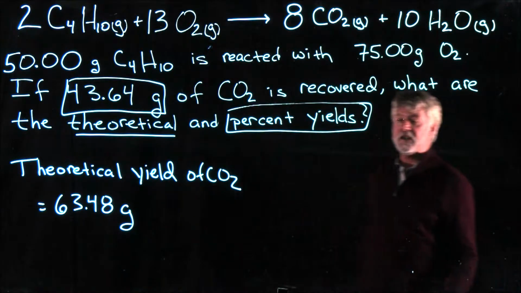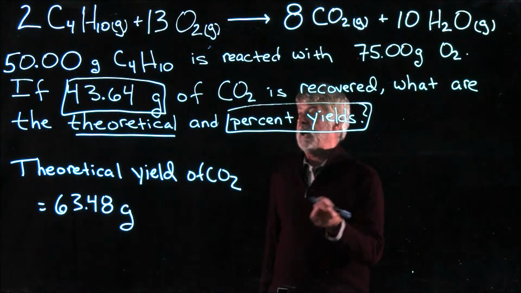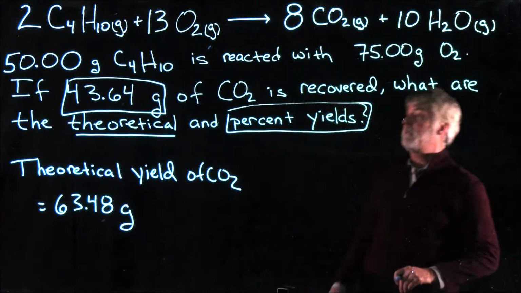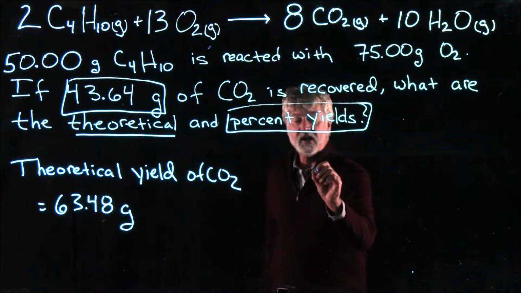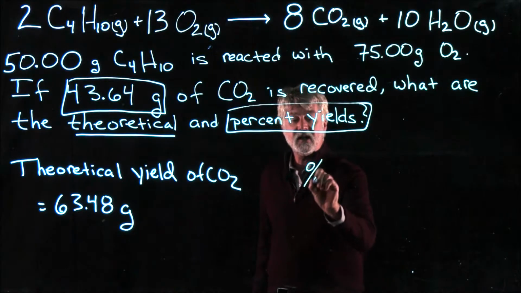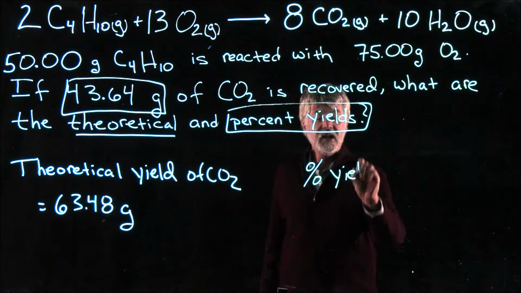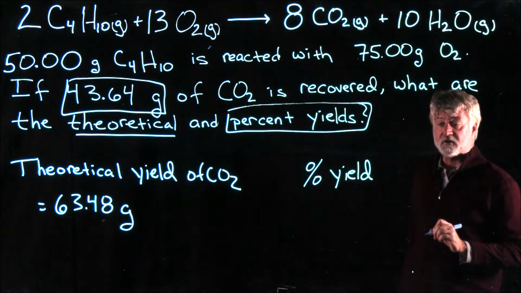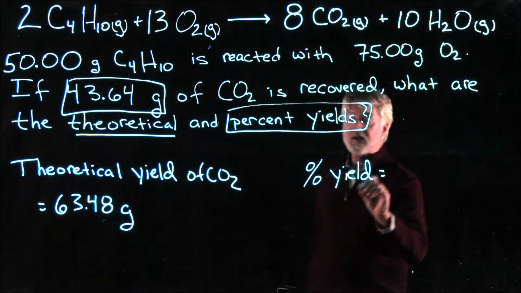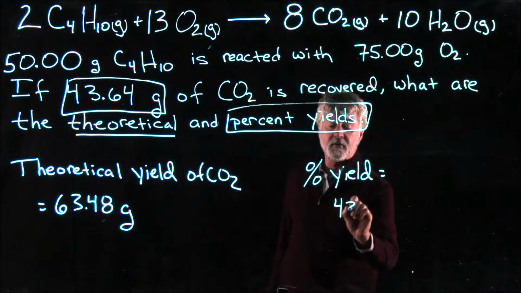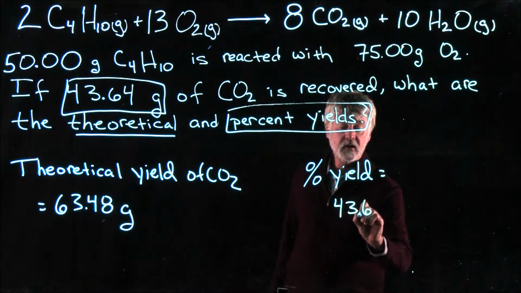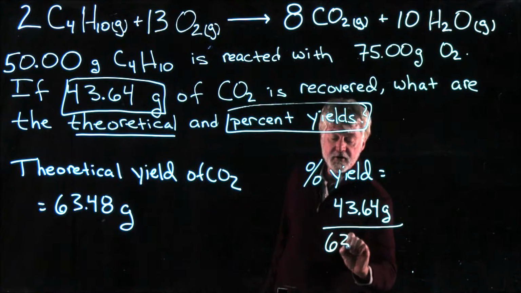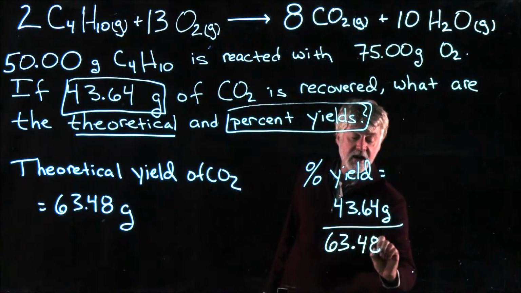To get the percent yield, all we do is ask what percent of 63.48 does 43.64 represent. So the percent yield in this case is the actual yield divided by the theoretical yield times 100. So it's 43.64 grams out of our theoretical 63.48 grams.